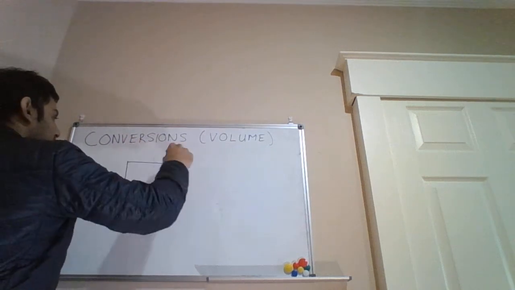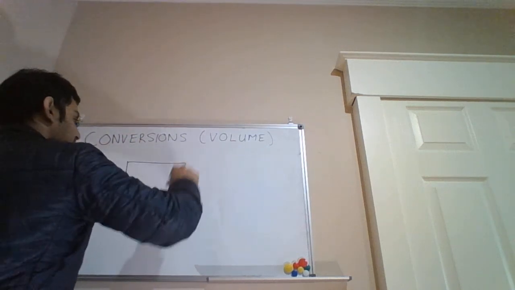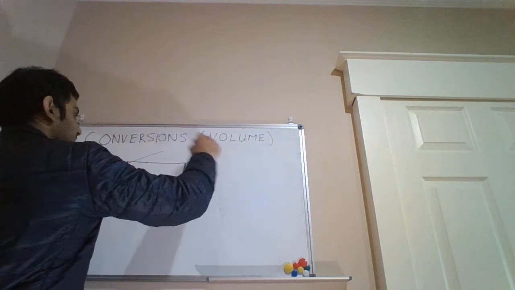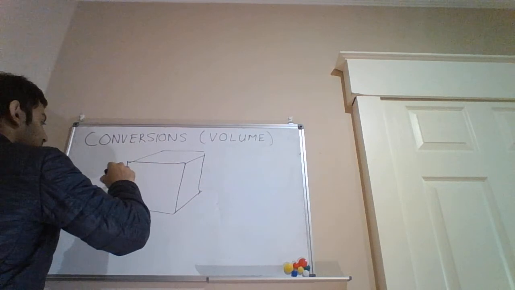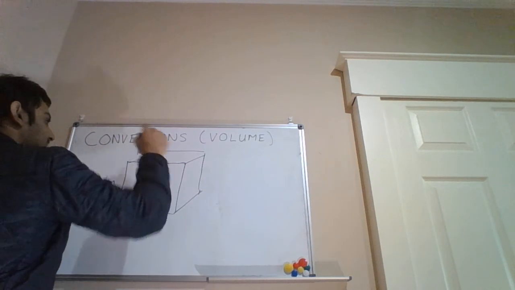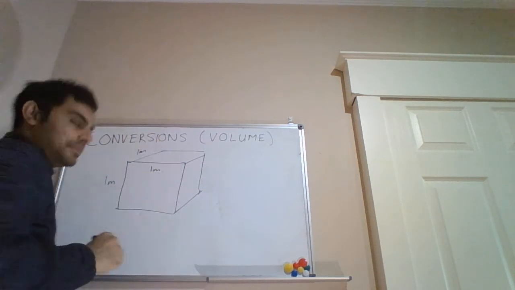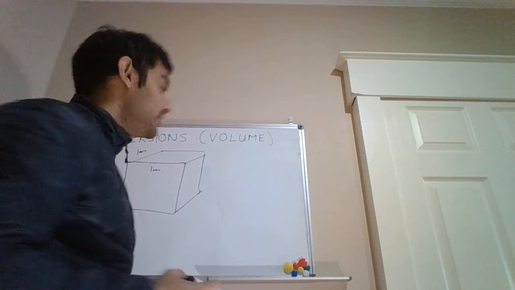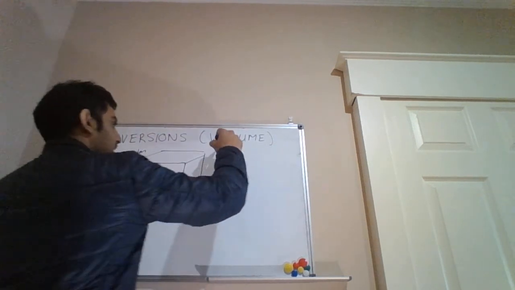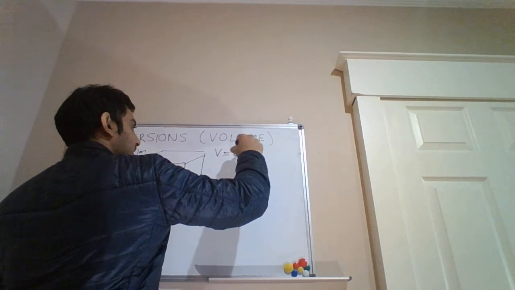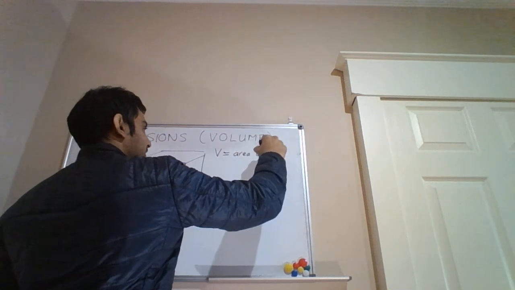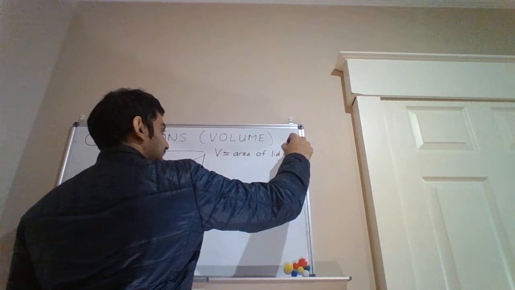Okay, so I'm going to start off with a 1 meter cubed block, like this. So it's got dimensions 1 meter, 1 meter, 1 meter. So what is the volume of this shape? We'll use our equation, volume equals area of lid times height.